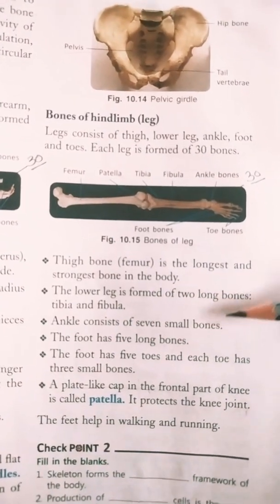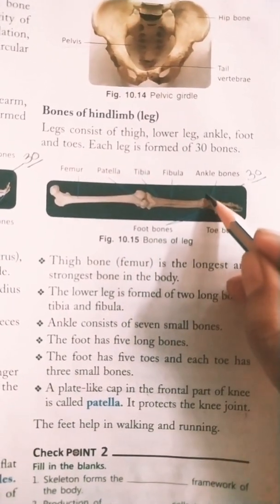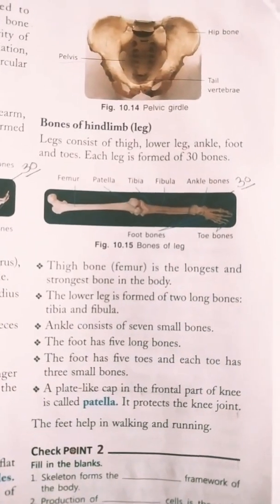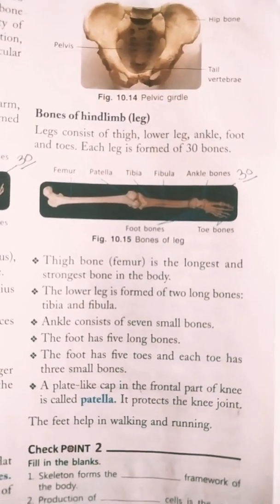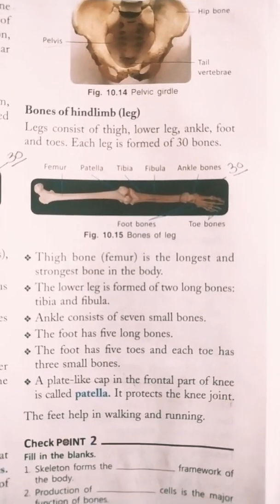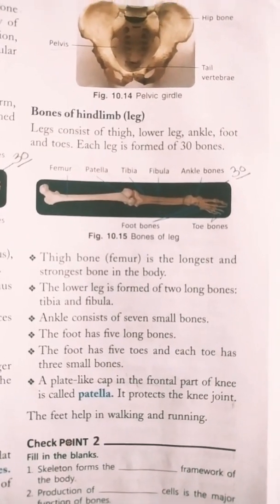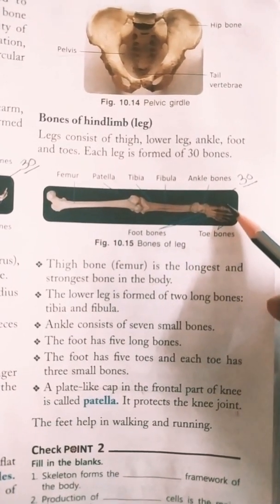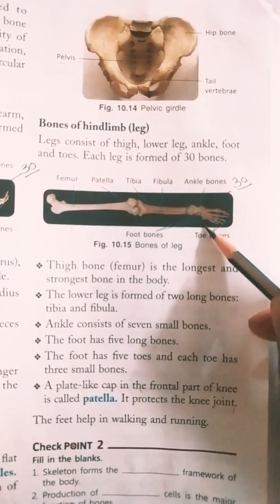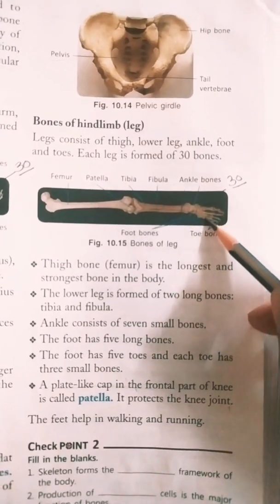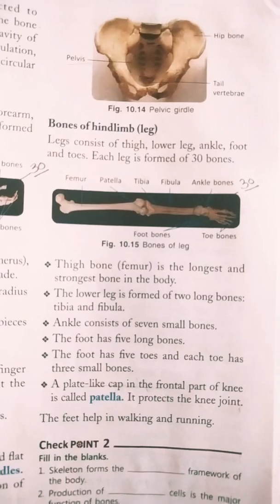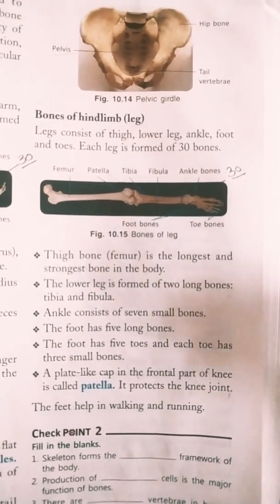The ankle consists of 7 small bones. Here very small bones are present, totaling 7 in number. The foot has 5 long bones, and the foot bones are usually called tarsals, or metatarsals. There are 2 types of bones present in the foot.